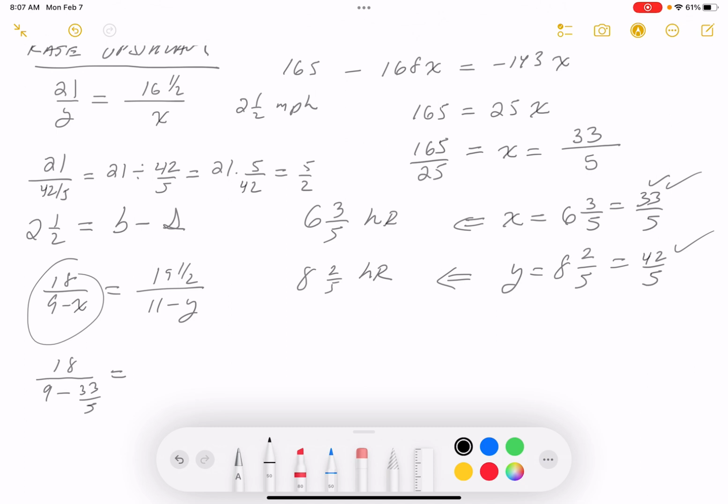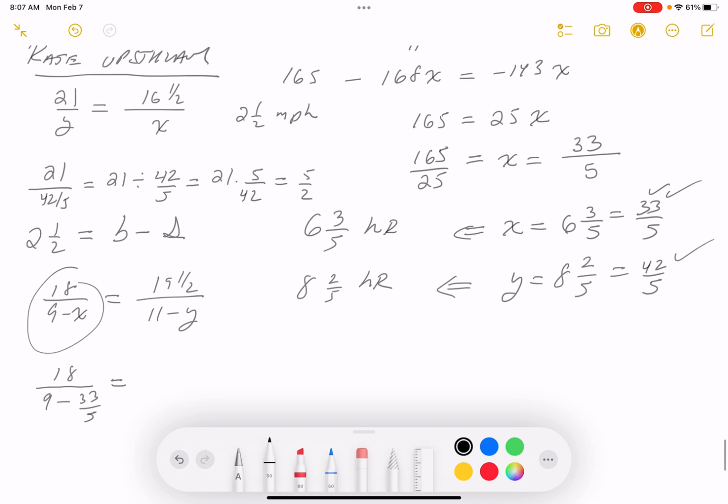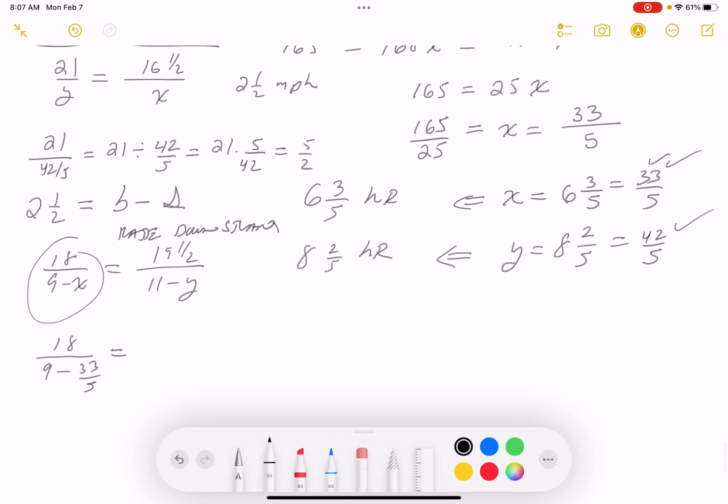And again, this is the rate downstream. That means they're going with the current, by the way. I can multiply by 5, top and bottom. 5 times 18 would be 90, and 5 times 9 is 45, minus 33.